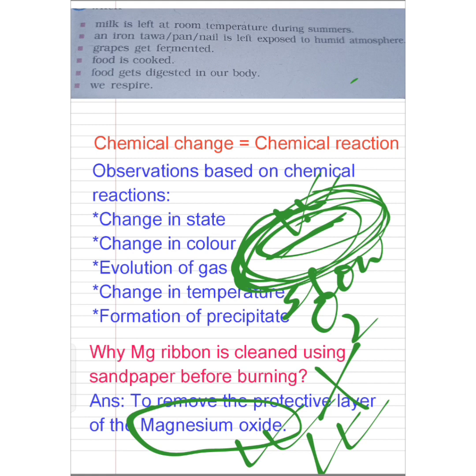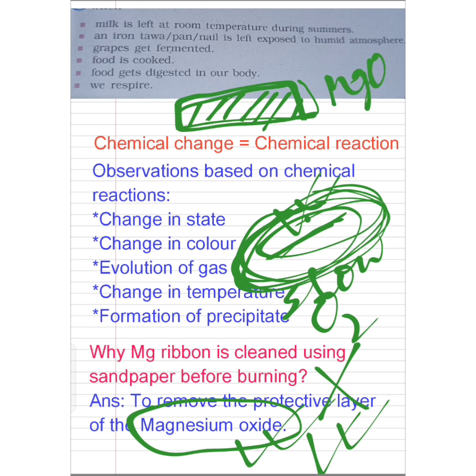The surface of the magnesium ribbon is covered with magnesium oxide, but inside, the magnesium metal is present. So when a magnesium oxide layer forms, it will not allow the further reaction of the magnesium metal which is inside the magnesium oxide layer.